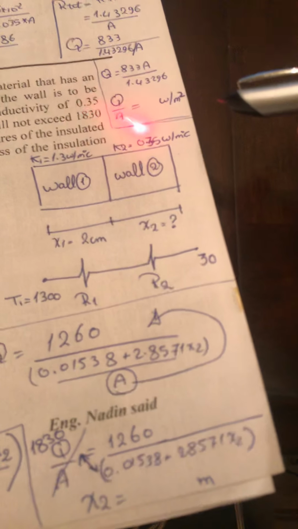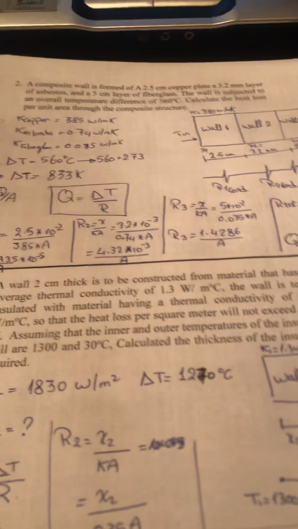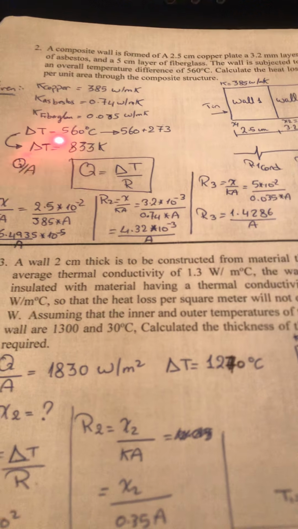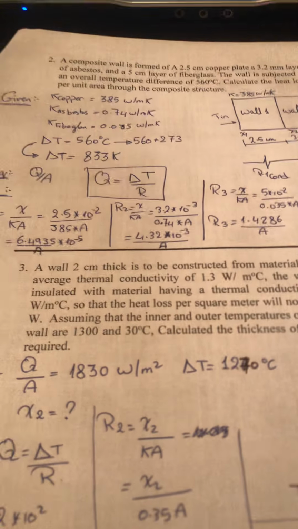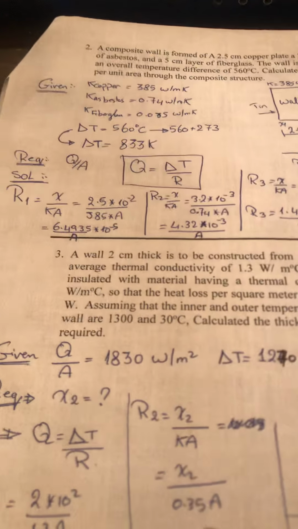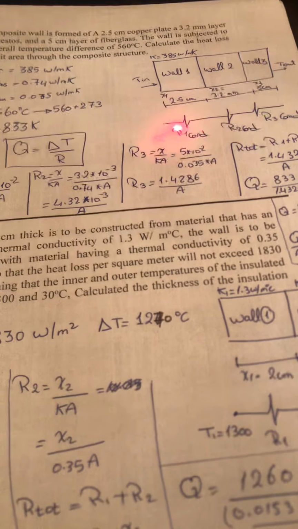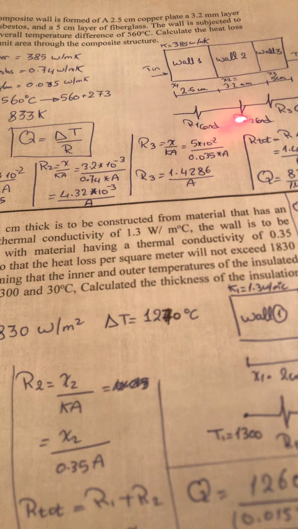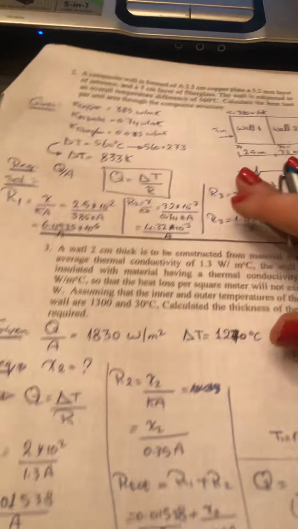It is required to have the final answer as Q over A. For the first equation, Q equals delta T over R, and R equals X over KA. To calculate R total, is it in series or in parallel? We'll find that it is in series, so it will also be a direct substitution. It's a very easy equation.